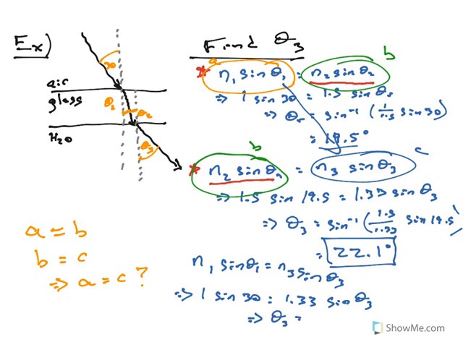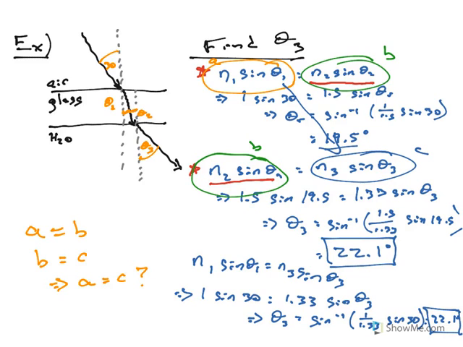Theta 3 is inverse sine of 1 over 1.33 sine 30, which if you get your calculator you find is of course 22.1. Isn't that nice?